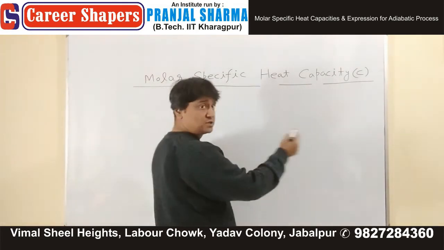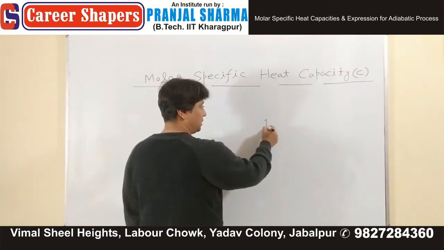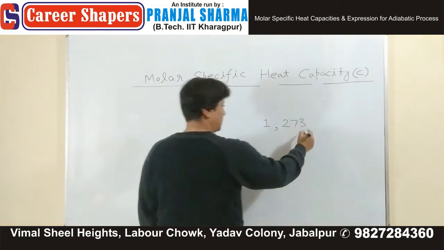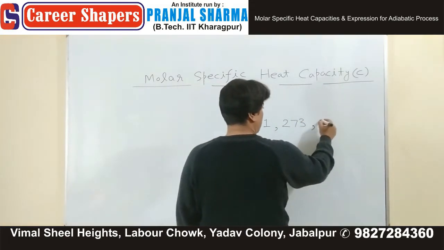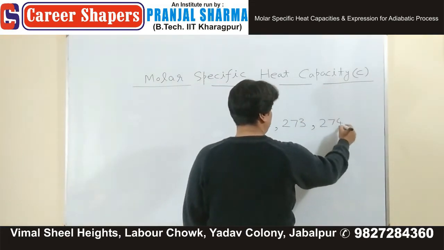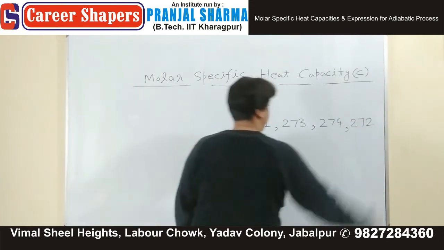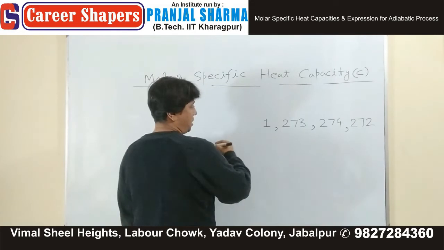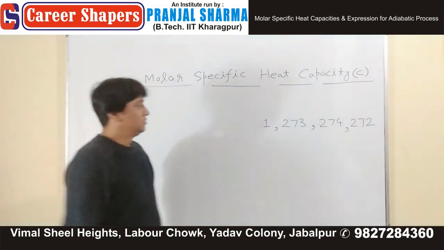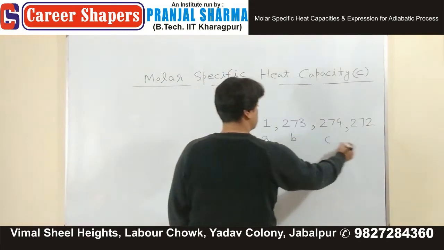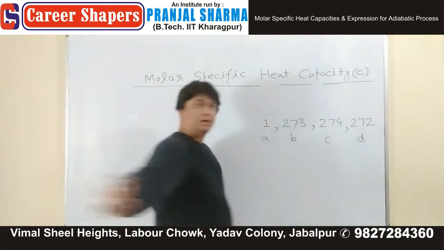Your options are 1, 273, 274, 272. Which option is correct? A, B, C or D?